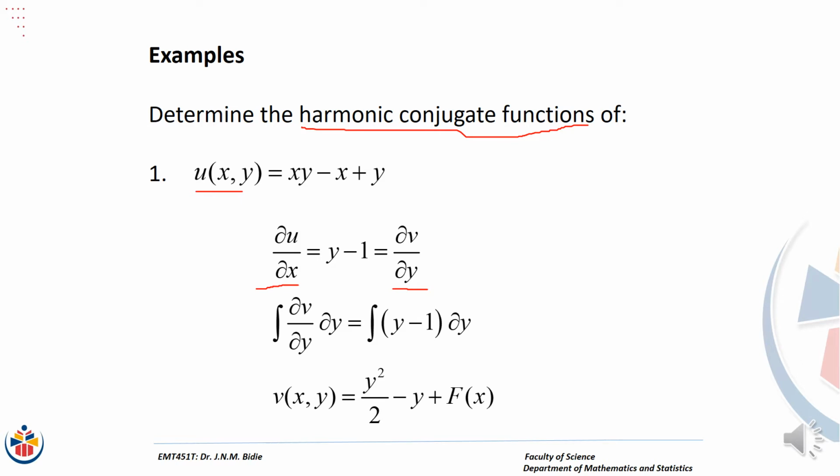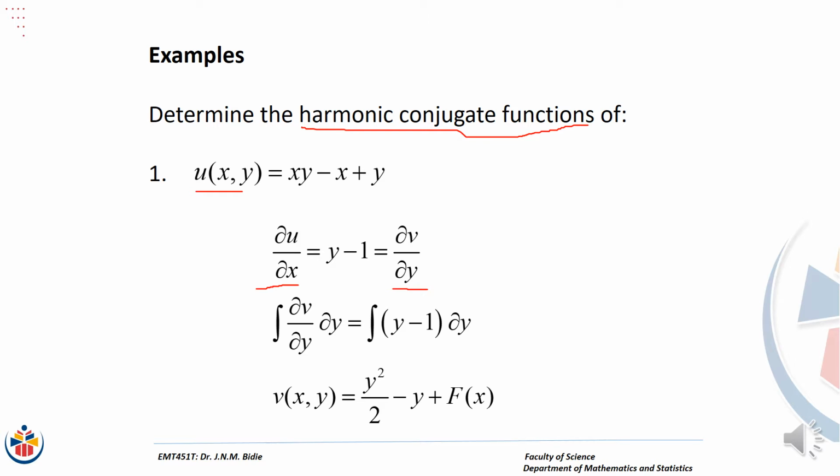So the first one is du over dx equal to dv over dy. And we've been given u to be xy minus x plus y. Now du over dx, that means we hold y constant, then we differentiate u with respect to x. Therefore, we'll have y minus 1 as our answer.